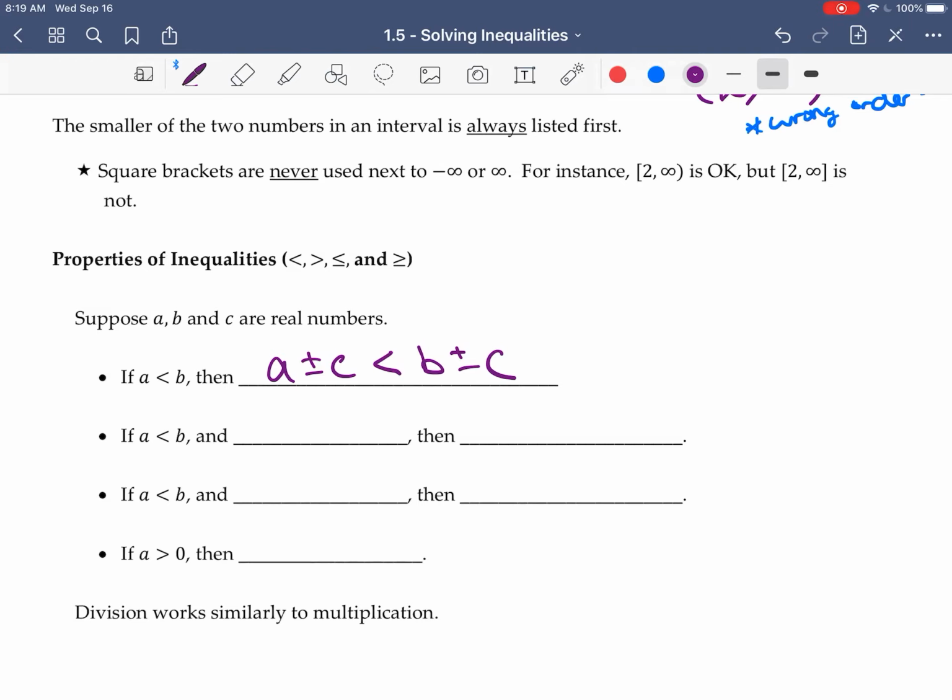If A is less than B and C is positive, then when we multiply by C, AC is going to be less than BC.